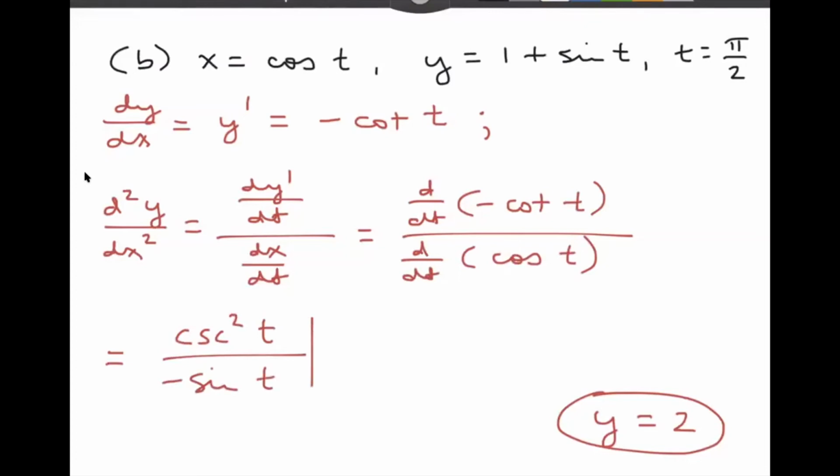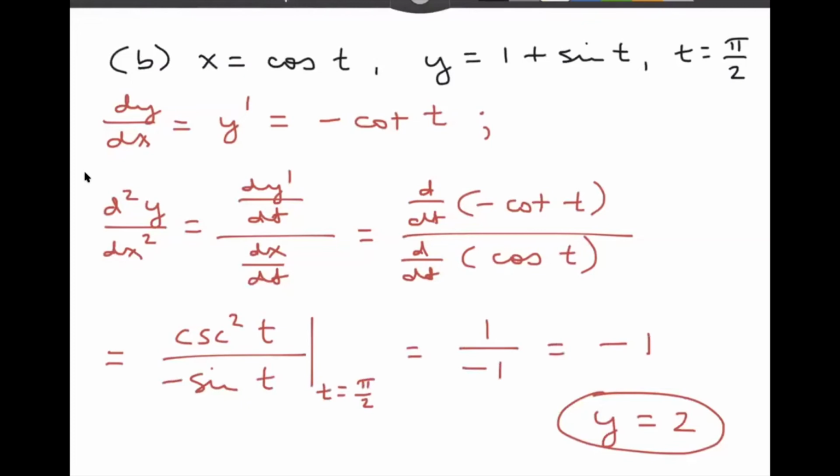We will evaluate that at t equals pi over 2. And I believe that's going to give us 1 over negative 1, which is negative 1. So this must be the tangent line at the top of the circle because the curve is concave down there.